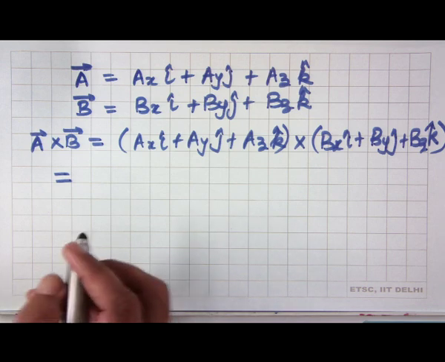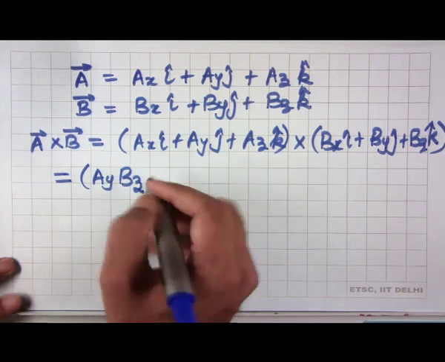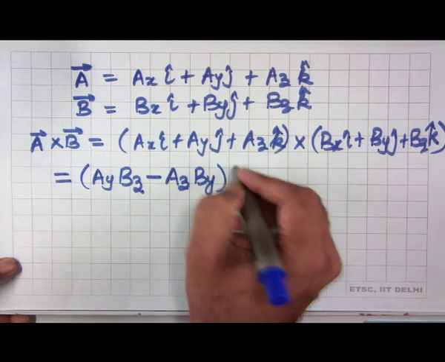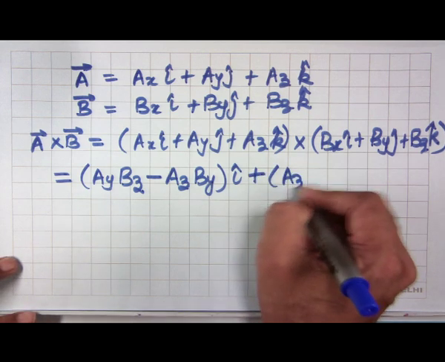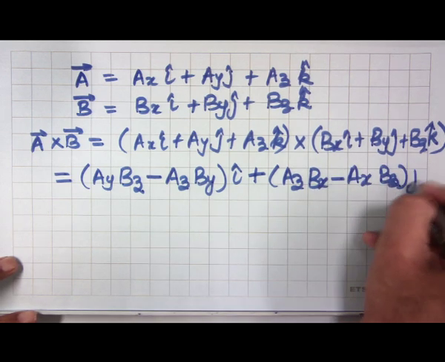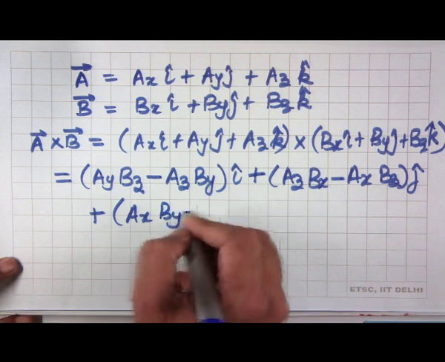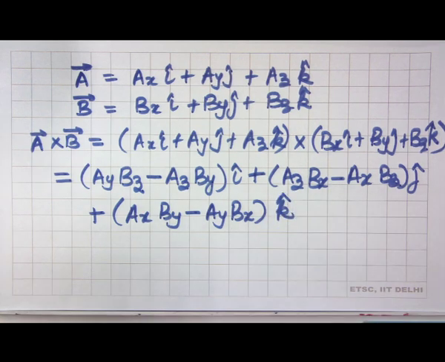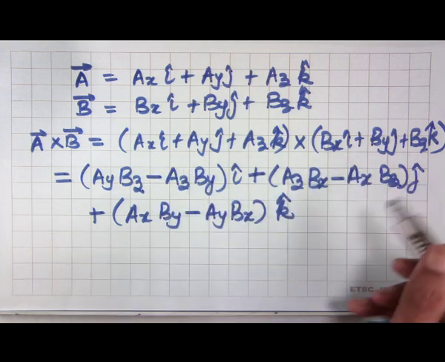This will be equal to (AYBZ minus AZBY)i plus (AZBX minus AXBZ)j plus (AXBY minus AYBX)k. And these follow the rules that i cross i is 0, i cross j is k, etc., which we have seen.